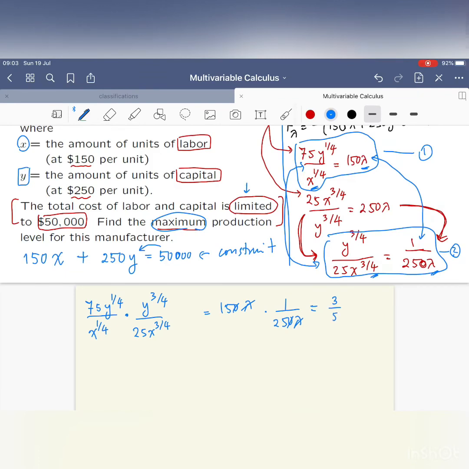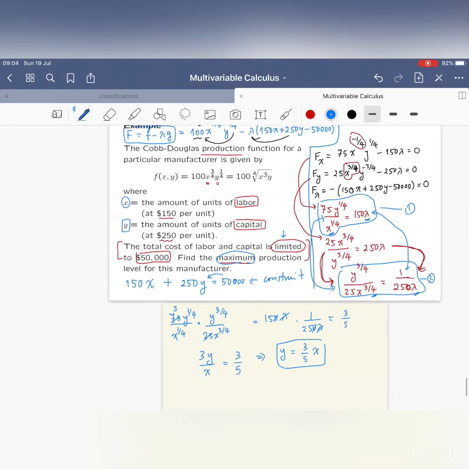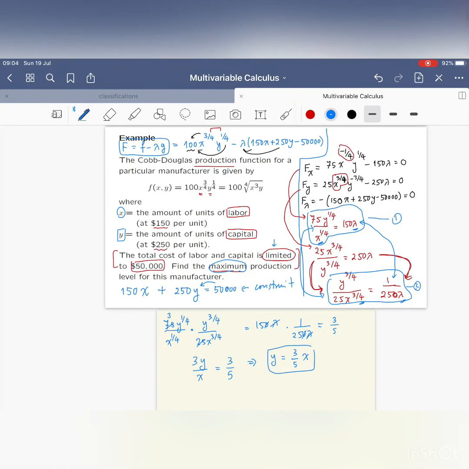And then the 25 and 75 will cancel. Then you have 3y over x equals 3 over 5, or y equals 3 over 5 x. This is the relation among x and y.